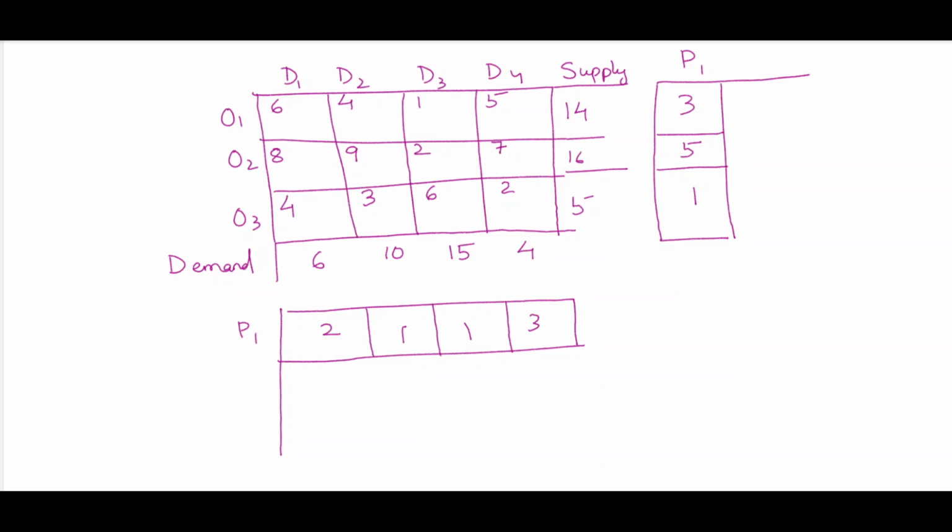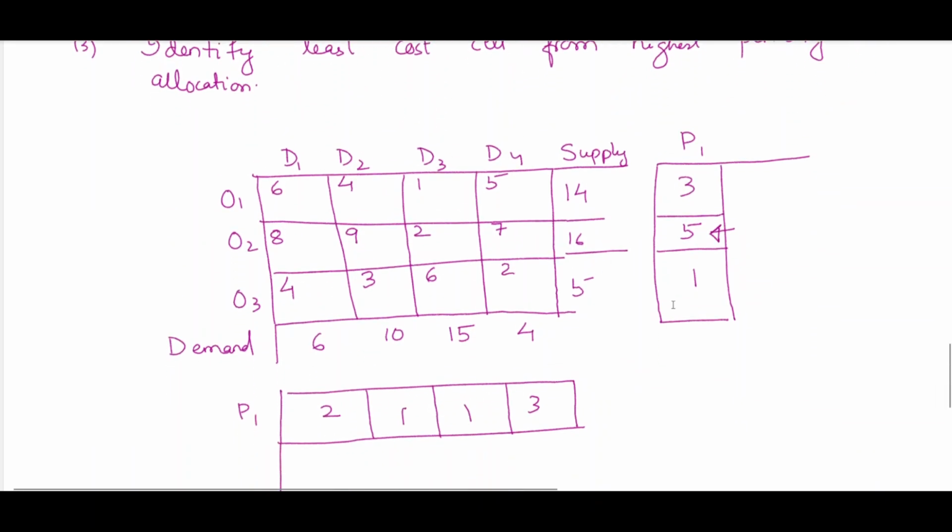The rule says we should choose the row or column with the highest penalty. Here the highest penalty is 5, so we make an arrow here. Allocation should be made to this row, in the least cost cell. Row O2's least cost cell is 2.